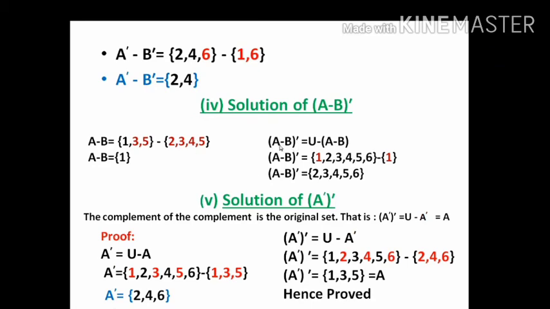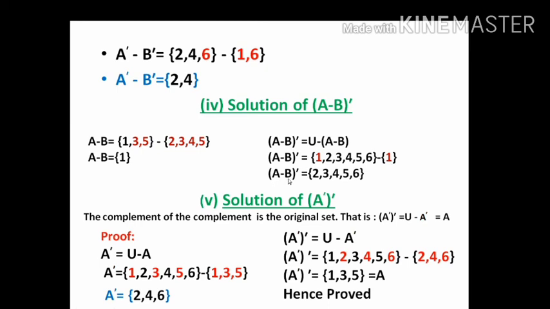We are finding here (A minus B) whole complement. That's why we will subtract A minus B from the universal set. So (A minus B) whole complement is equal to the members of the universal set 1, 2, 3, 4, 5 and 6, then minus sign, then the member of the set A minus B, 1.